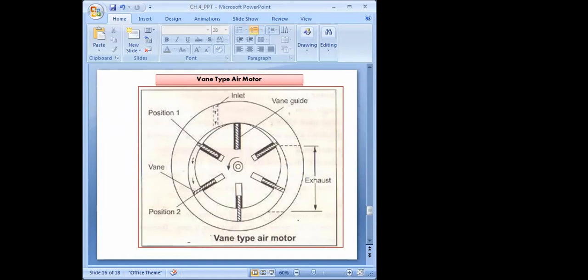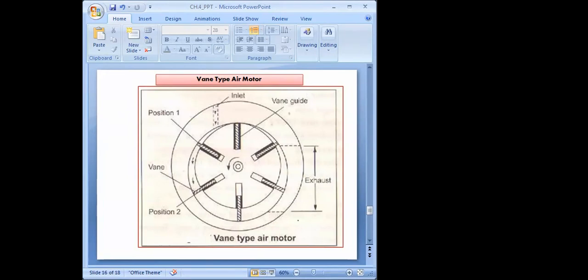Due to that, it is recommended to use a muffler, which absorbs this unpleasant sound. So noisy operation is somewhat produced by this vane type air motor.